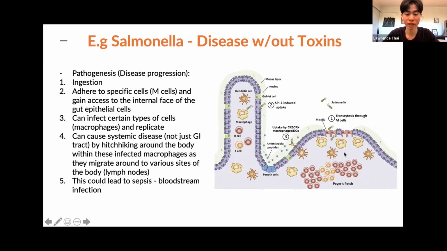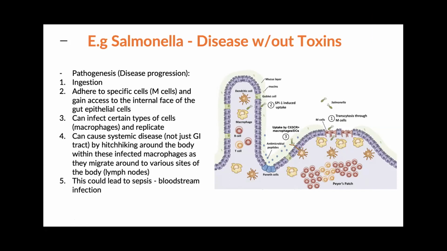They're really OP. The macrophages are trying to destroy them by eating them up, but Salmonella are able to resist that and just hide inside these macrophages and stay alive. This is one of the mechanisms of how it causes systemic diseases like typhoid fever.